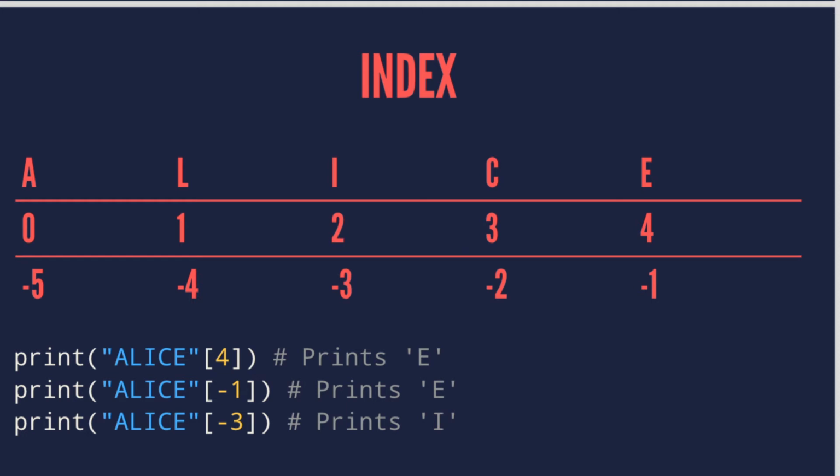So if I asked you to print Alice square brackets -4, what would be printed? Correct, it would be L.